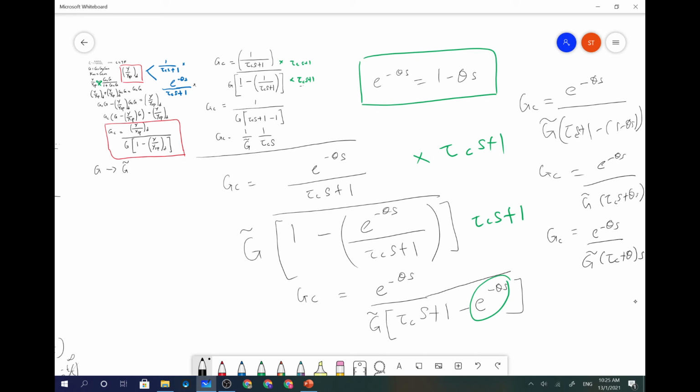Make sure you try to derive this because we will continue further.